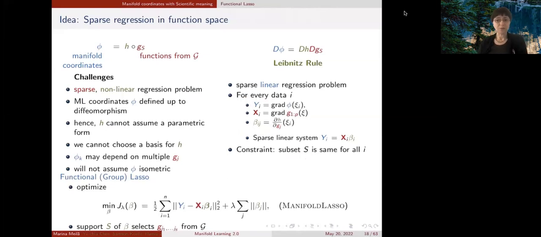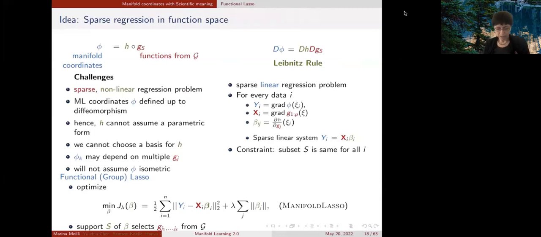If we set the problem in this way, the answer is actually known. It's an optimization problem called group lasso. The group lasso appears here because we would like the same functions g to appear in every regression. So we have groups of coefficients that should be zero or non-zero simultaneously.